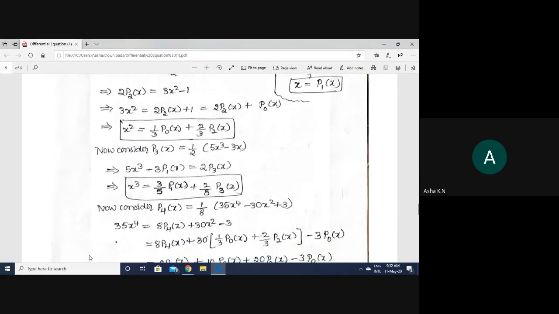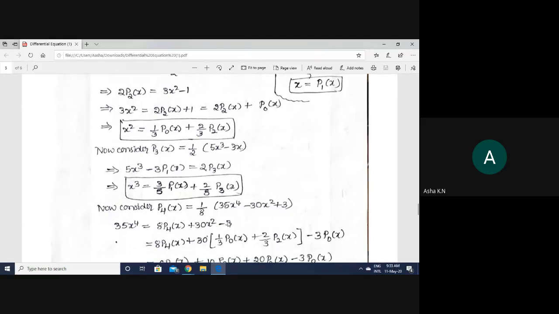And the other thing is, what is this x square? You should not leave it as it is. You should not have any polynomial in x. Every term must contain a Legendre polynomial. So substitute for x square: x square is 1 by 3 into P0 of x plus 2 by 3 into P2 of x. In place of x square, we have substituted this.